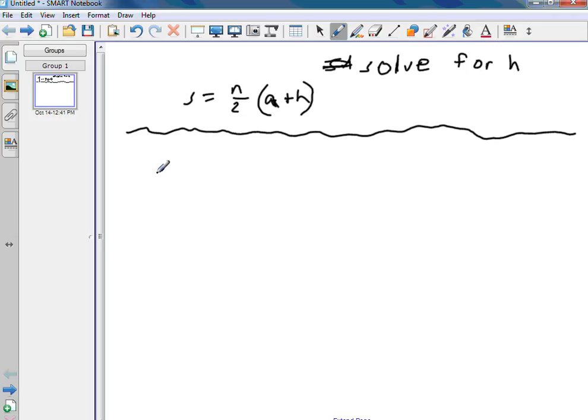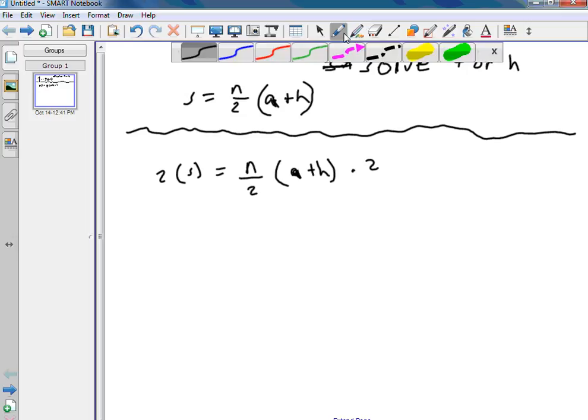And what I'll end up doing is saying 2s equals N over 2 times A plus H. Again, the notebook's not picking up this movement to create the A plus H. And I'm going to multiply this side also by 2.